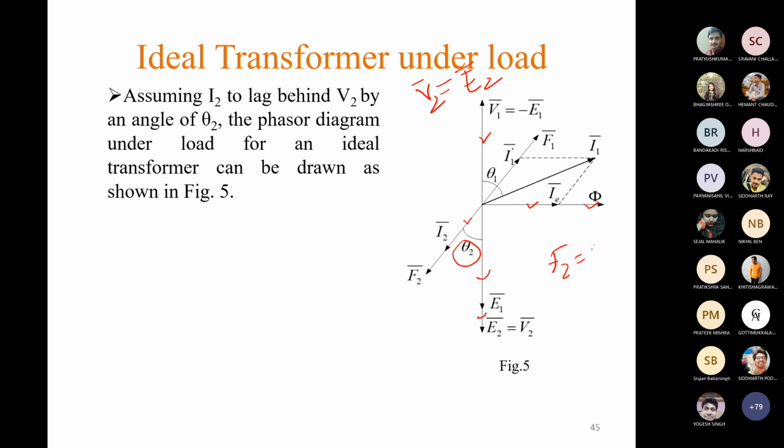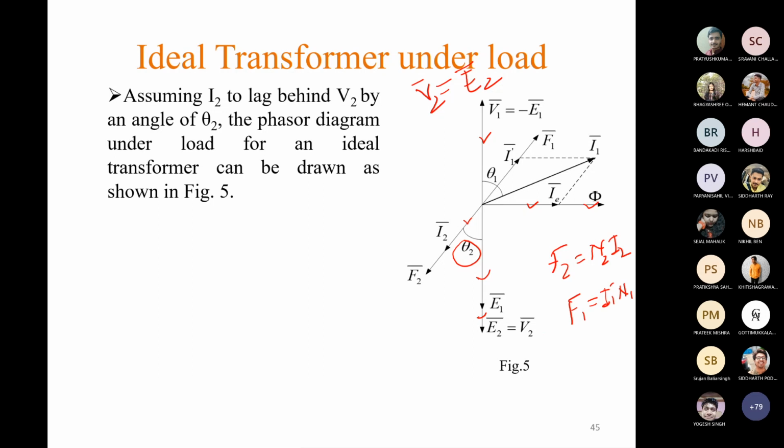So F2 equals N2 I2, and this F2 is opposite to that of F1, which is the primary MMF for the load component only. So this is I1 dash N1.